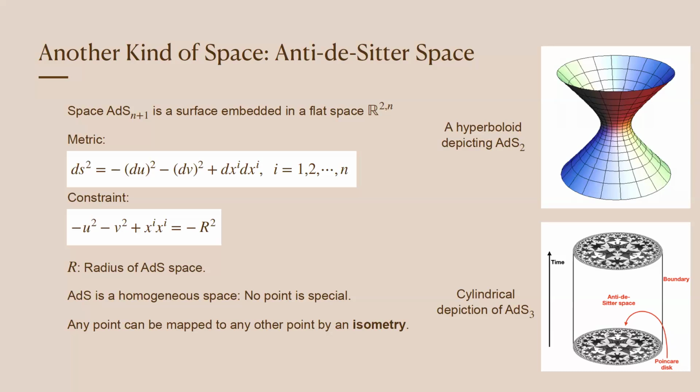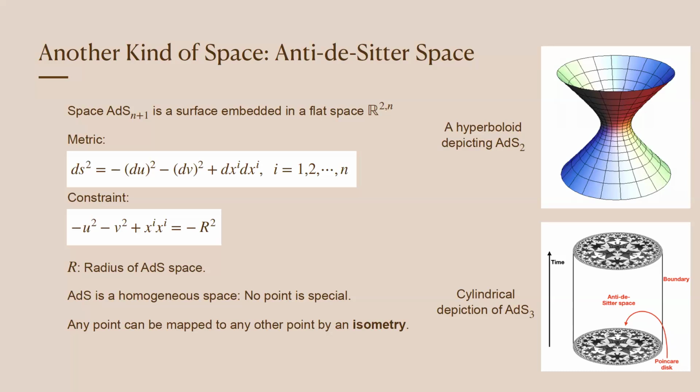It looks like a hyperboloid embedded in three-dimensional space. And here is another depiction of AdS space. Although it looks finite, it is actually an infinite volume space. If you measure the distance from the center to the boundary, we see it's an infinite distance. And here is the time direction.